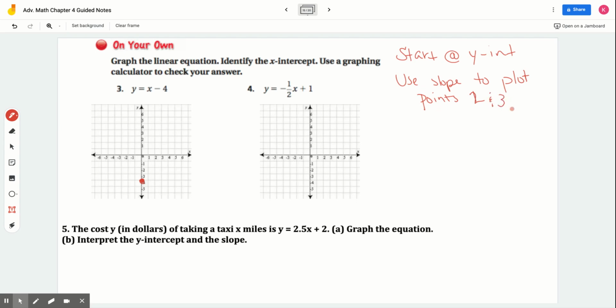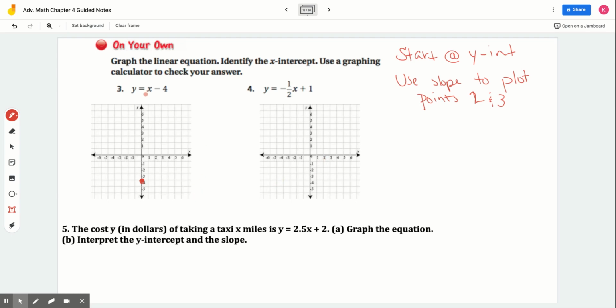The idea is that you're going to need 3 points to draw your straight line. Keep in mind that when you're using Big Ideas, I believe it only needs you to select 2 points. But when we're drawing them by hand, we should be selecting 3.